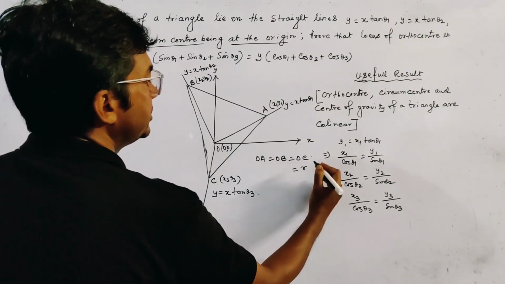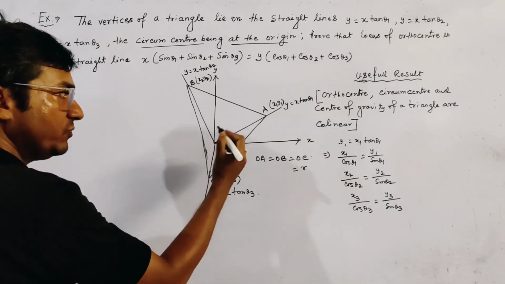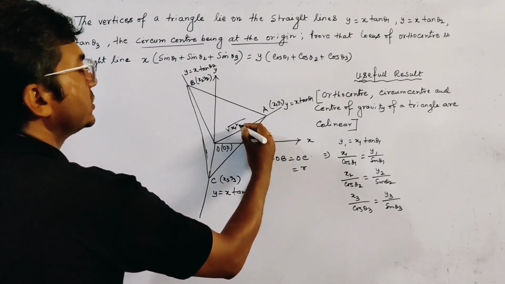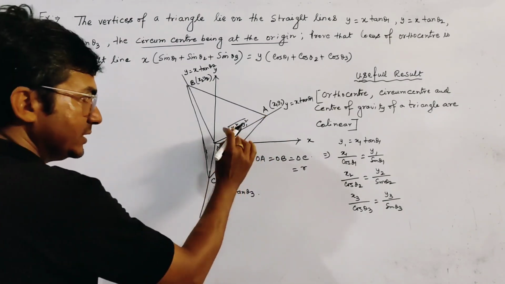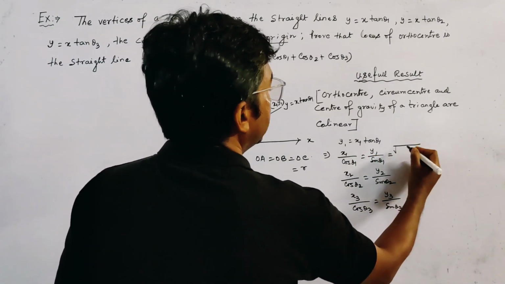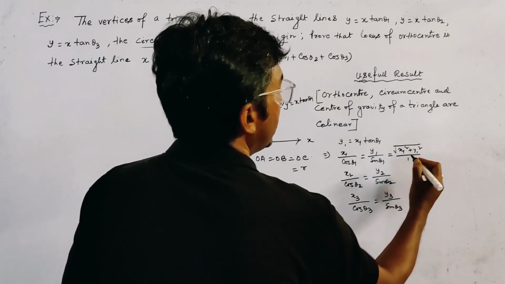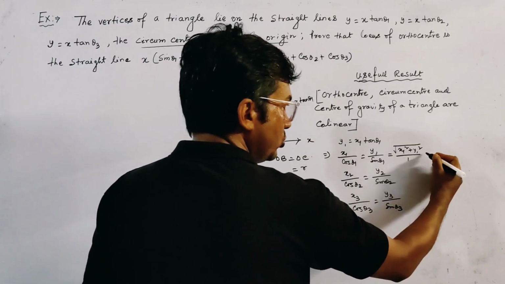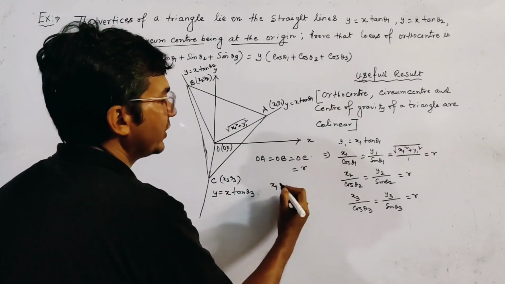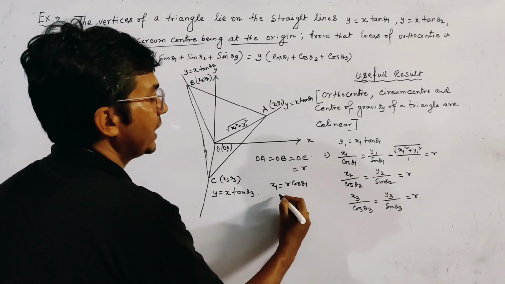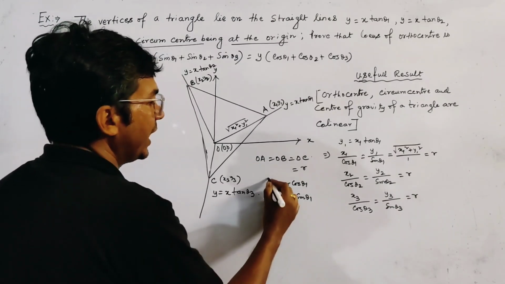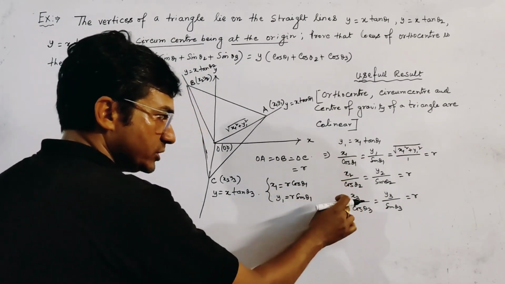Let the equal distance be R. Now if we find the distance OA, we get root over x1 square plus y1 square, and this is equal to R. From this relation it is clear that this is root under x1 square plus y1 square by 1, because cos square theta 1 plus sin square theta 1 is 1, and we put this equal to R. Similarly OB is also R and OC is also R. So we write the coordinates x1 = R cos theta 1 and y1 = R sin theta 1, and similarly for the other coordinates also.